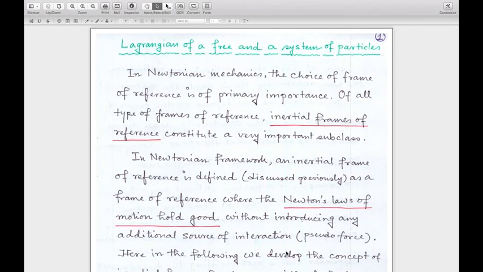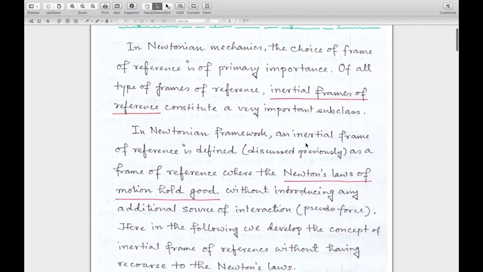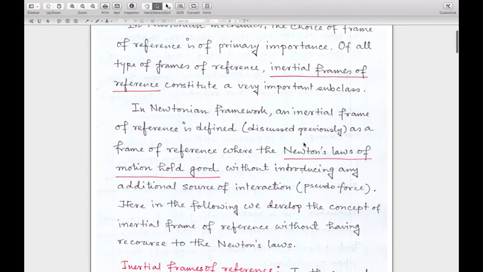Okay. So as you all know, in Newtonian mechanics, the choice of frame of reference is of primary importance, right? In order to describe the motion of something. And of all types of frames of reference, inertial frames of reference are a particularly important subclass, because we all know that these are the frames where Newton's laws of motion hold good, right?